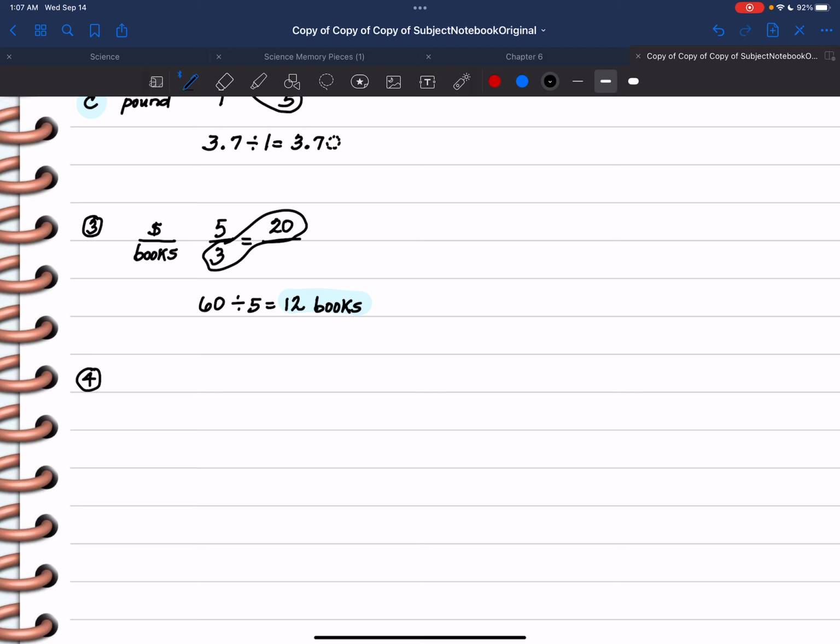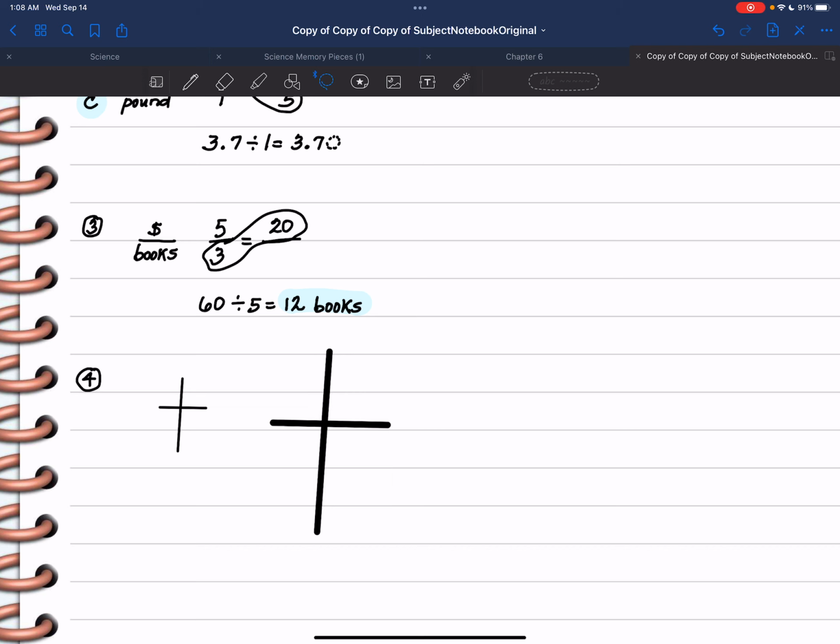A model airplane has a scale factor of 1 to 48. The wingspan of the model is 8 inches. What is the wingspan of the actual airplane? So I'm going to sketch an airplane, and then I'm going to take that baby airplane and resize it to make the mama airplane.